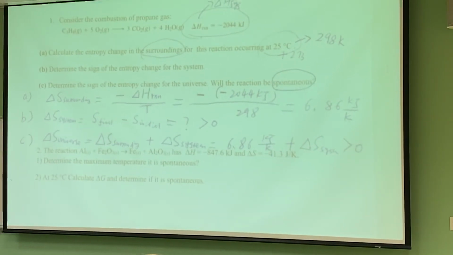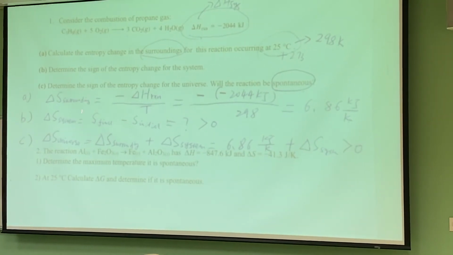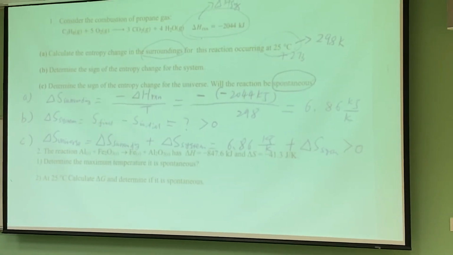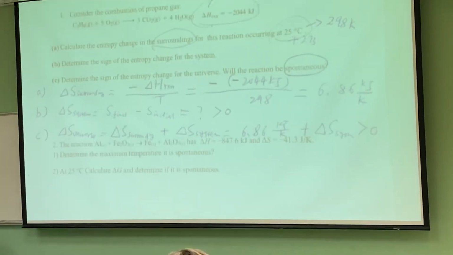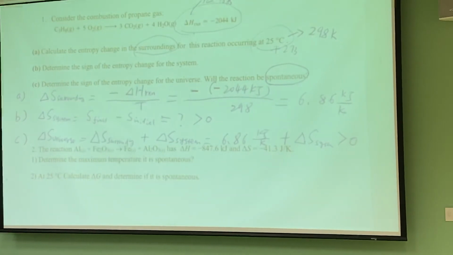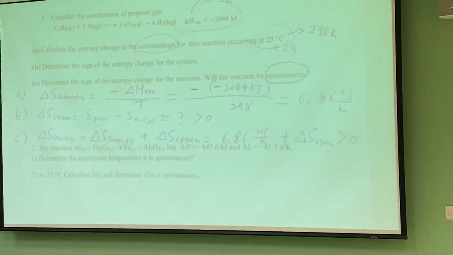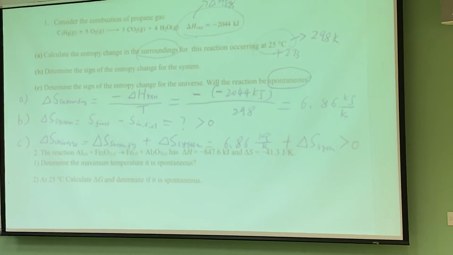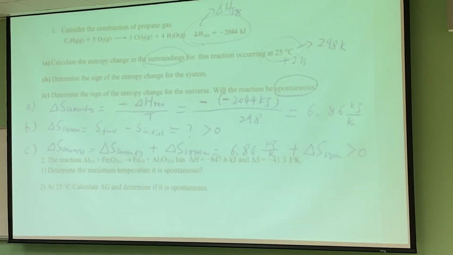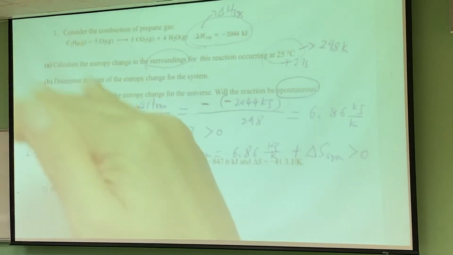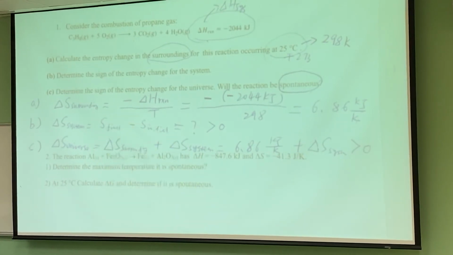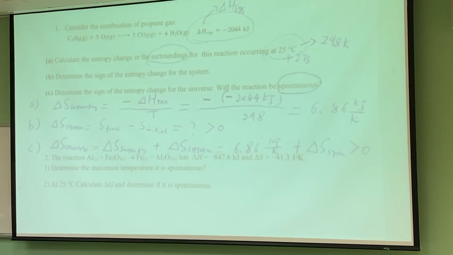See, related with this delta S surrounding and system, sometimes you don't even need to know the exact value of it. You just need to know if it's positive or negative. So it depends on the given information. Okay? Any question here? So 3 steps. If you follow the strategy, then you will be able to get it.